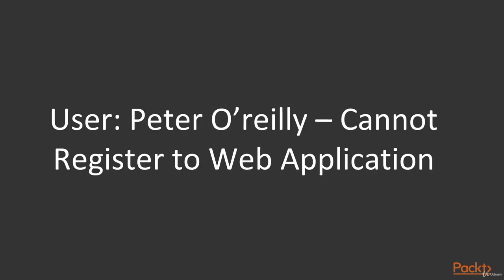If we've got a user with the name Peter O'Reilly, the user won't be able to register in our web application because he has the apostrophe in his name. So if we use blacklisting, many legitimate users won't be able to use our application. Of course, it's not a good situation.